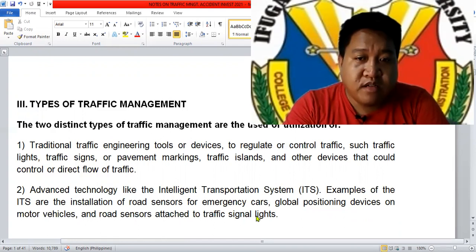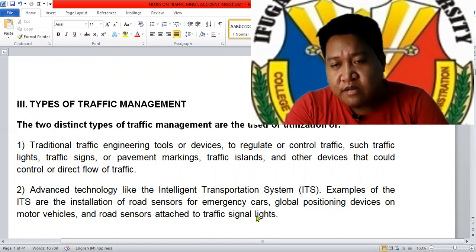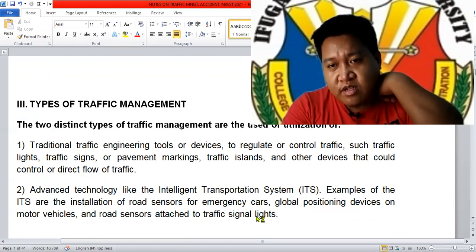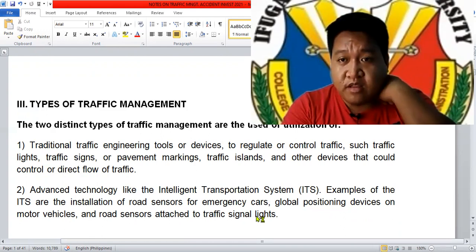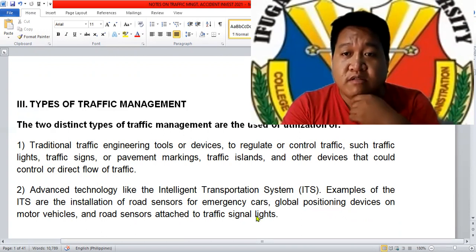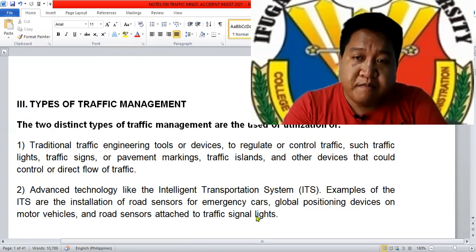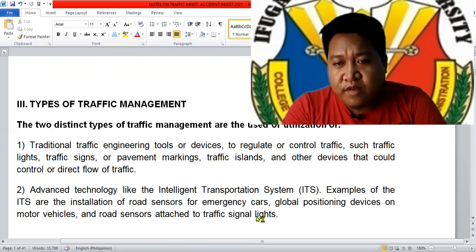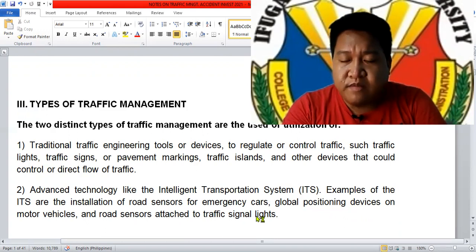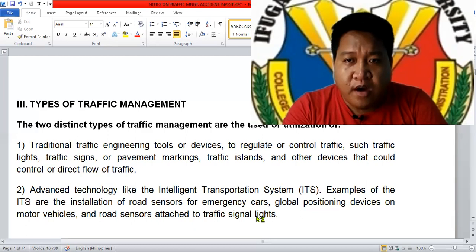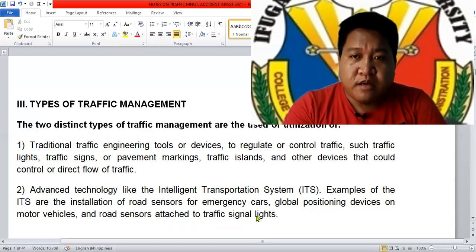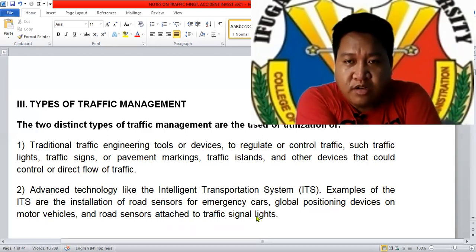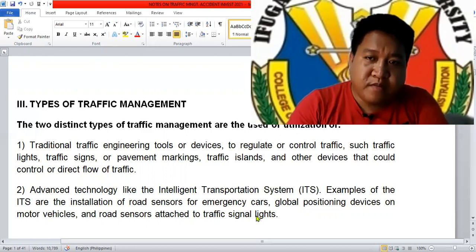Sa ngayon, meron din yung CCTV, connected through the internet so that you can monitor traffic in real time, even if it is far from the station or management office.